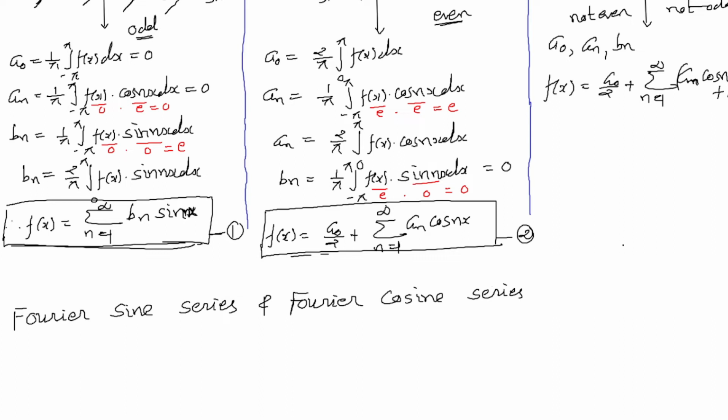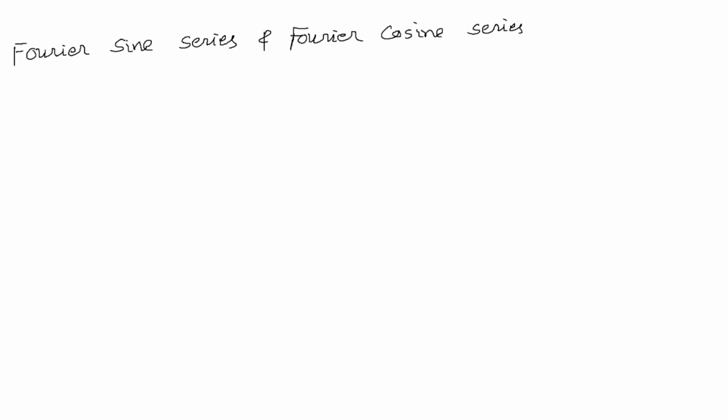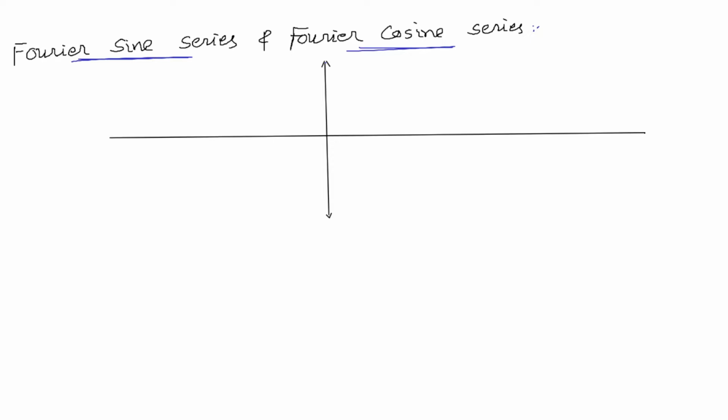So actually, what are the Fourier sine series and cosine series? Let me explain by an example. Suppose I have given this graph, y, x, 0.